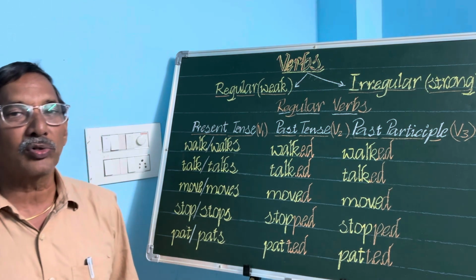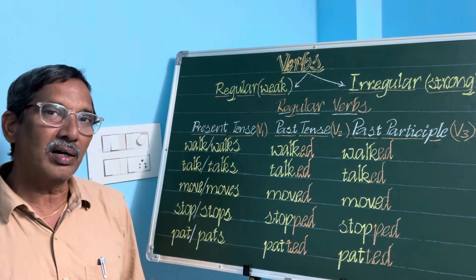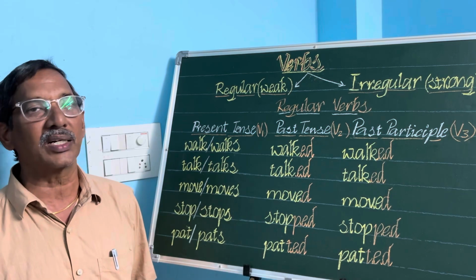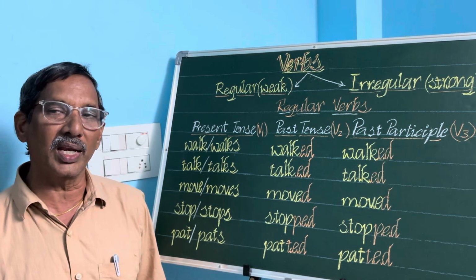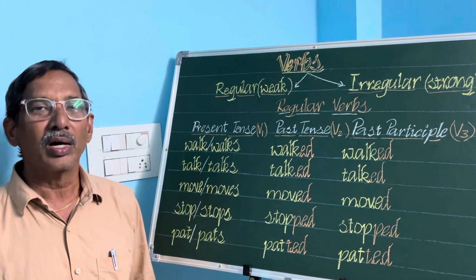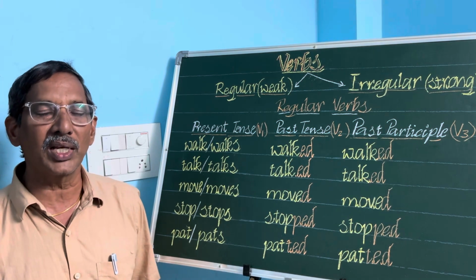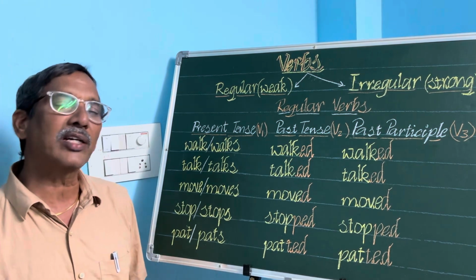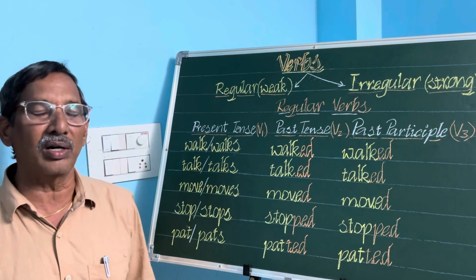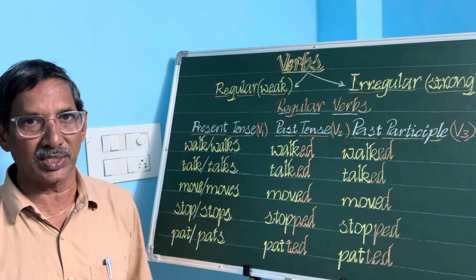Friends, what I want to tell you is, you think in your mother tongue. It is not possible for any foreign language learner to know all the English language verbs. Collect all the verbs of your need or of your choice.